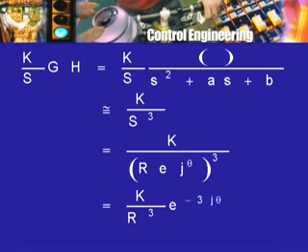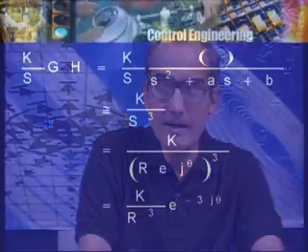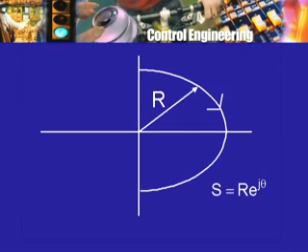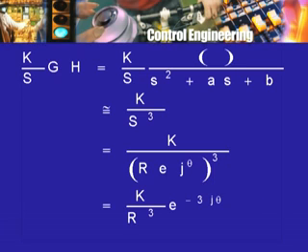Now, what happens to s cube? s is r e raised to j theta. As a result, if I substitute, then I will have k divided by r e raised to j theta, raised to 3, or this is therefore equal to k divided by r cube e raised to minus 3 j theta. So, as theta changes when I move along the semicircle from pi by 2 to minus pi by 2, minus 3 theta will change from minus 3 pi by 2 to plus 3 pi by 2.